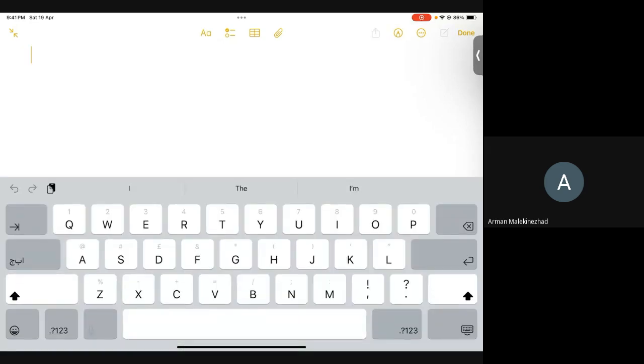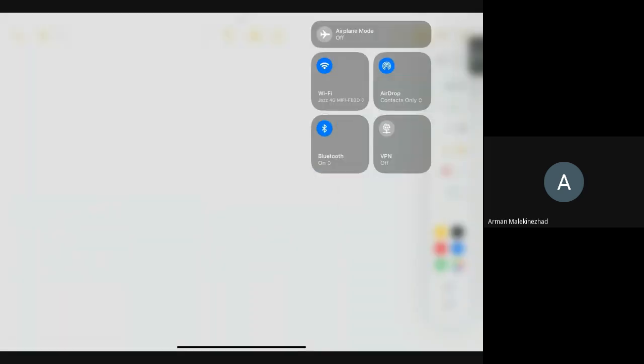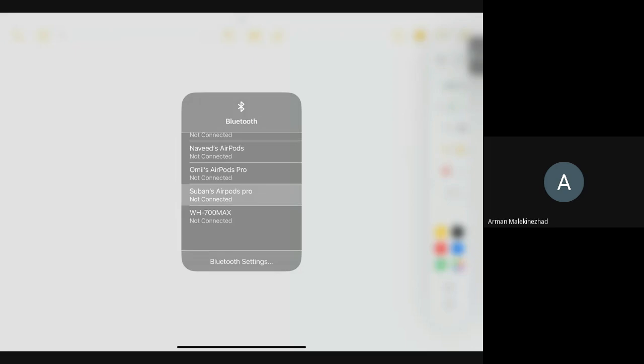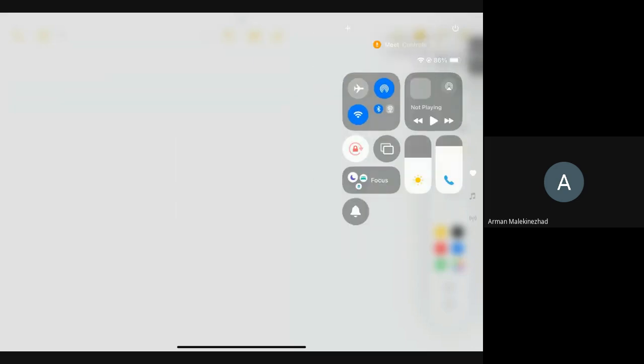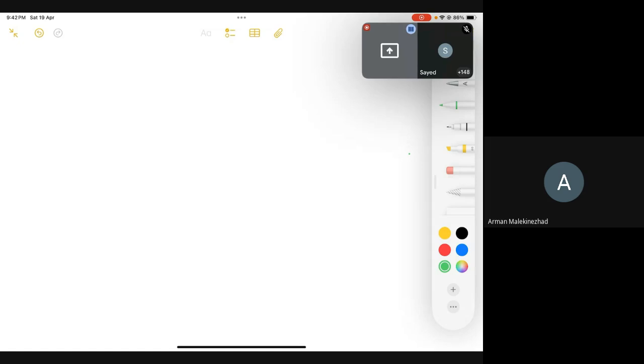Okay, just give me a second. I think there is some issue in my pencil. Let me just fix it first.